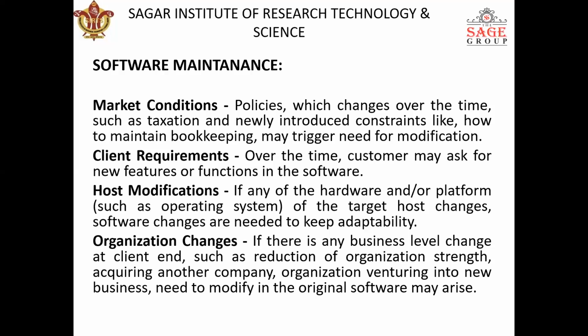That means if any hardware or platform such as operating system of the target host changes, software changes are needed to keep adaptability. Means if some hardware changes or some software changes, at that particular time we need to upgrade our software. So that is one of the reasons for the software maintenance.